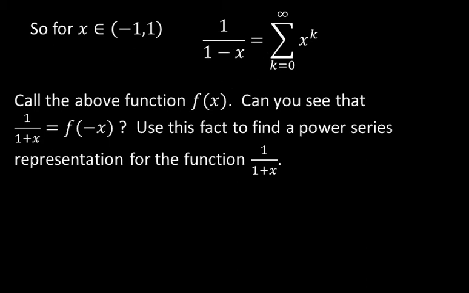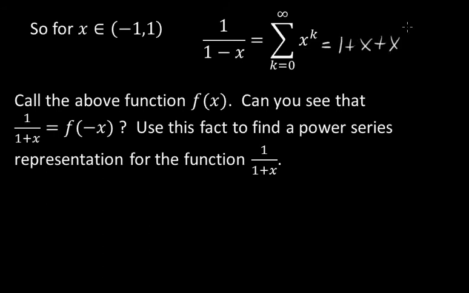Now, we have known for a long time that the series sigma x to the k converges to 1 over 1 minus x, the function 1 over 1 minus x, for x between minus 1 and 1. Let's write out a few terms of that again. I'm going to do it up here. I should have put it on the slide.